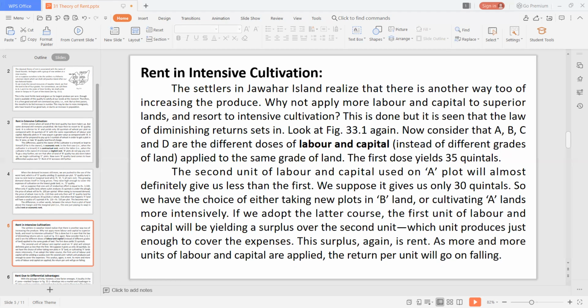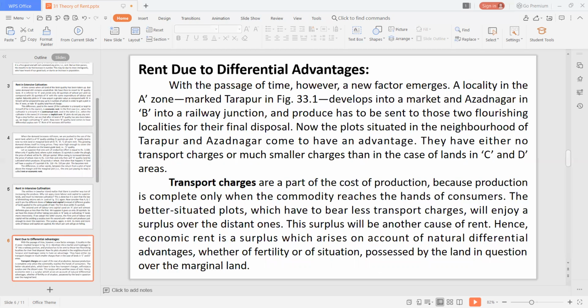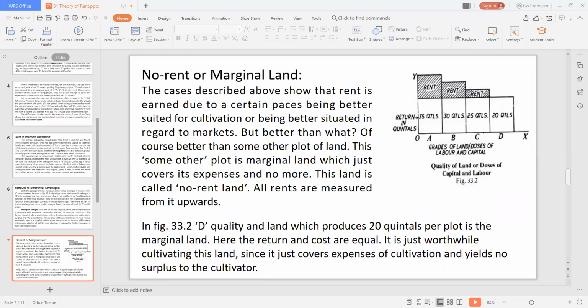Which unit produces just enough to cover the expenses? So this surplus again is called a rent. As more and more units of labor and capital are applied, the return per unit will keep on falling. That's why we used to call it marginal costing.